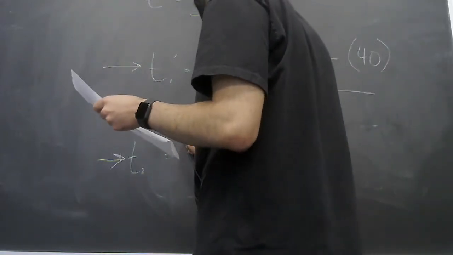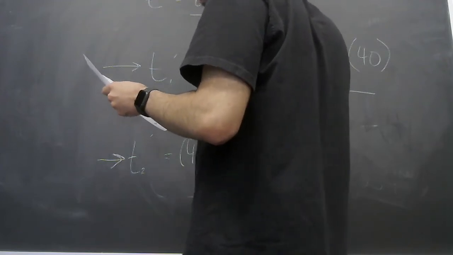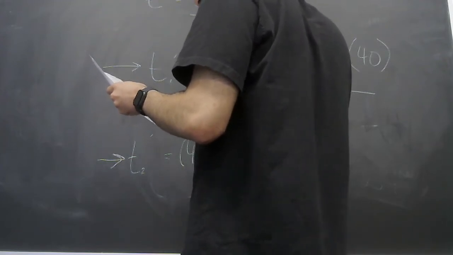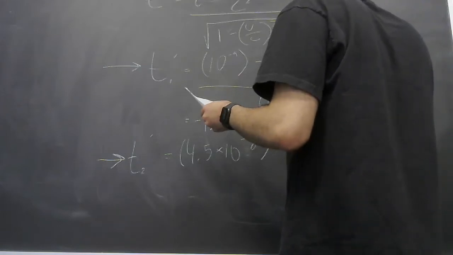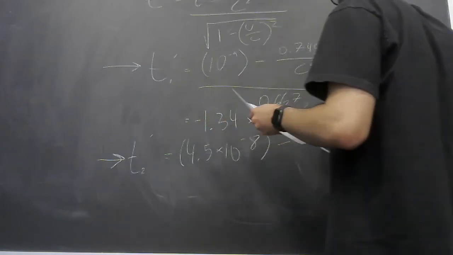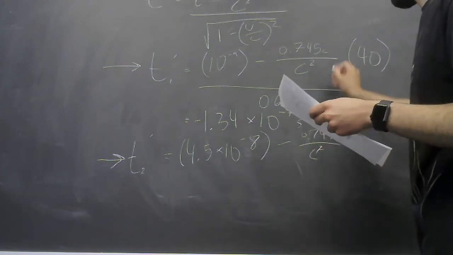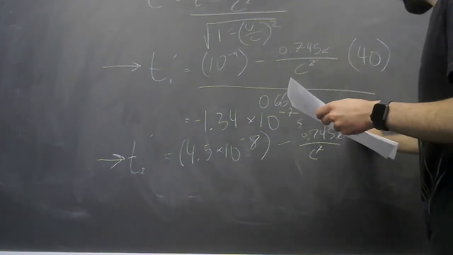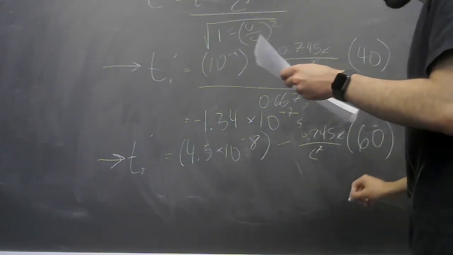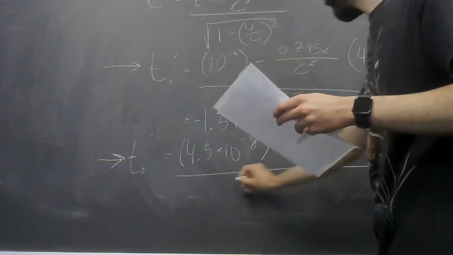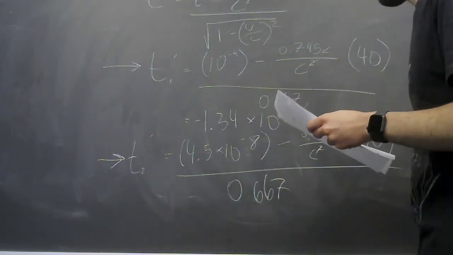And then the same thing here, except it's going to be 4.5 times 10 to the minus 8 seconds, minus 0.745 c over c squared. You guys can just cancel that out. And then times 60, and that whole thing again divided by 0.667.